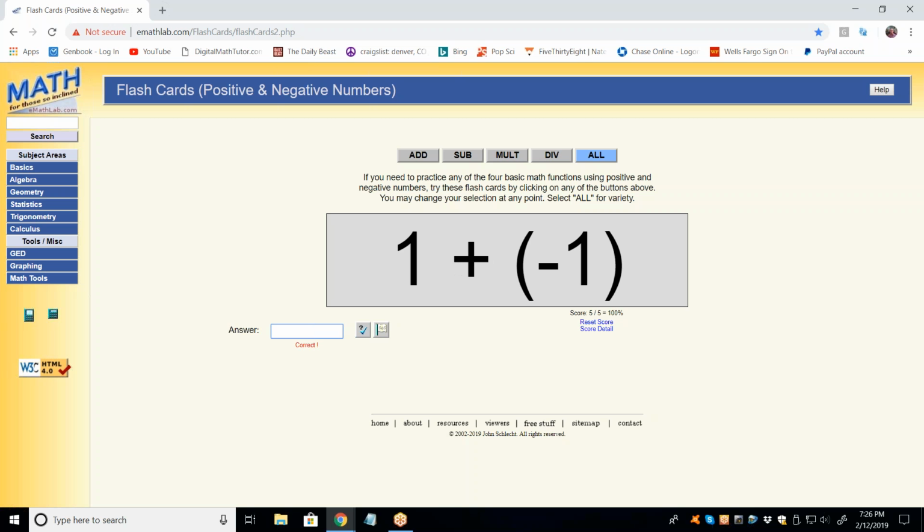Keep going. 1. No, negative 1, sorry. No. 0. Yeah, it's basically when you have a positive and a negative together like that, just get rid of the positive. Sorry. And the problem becomes 1 minus 1. That's 0.